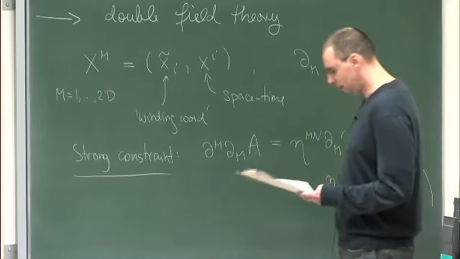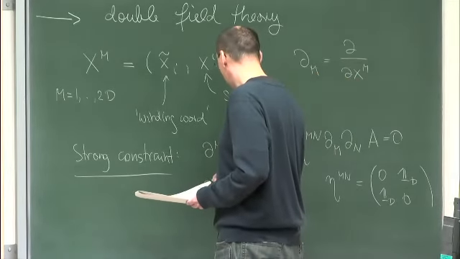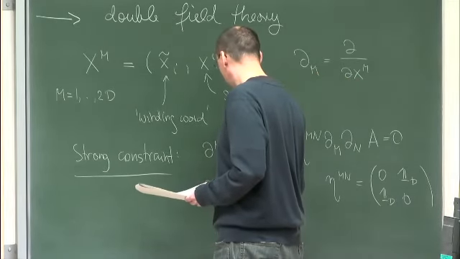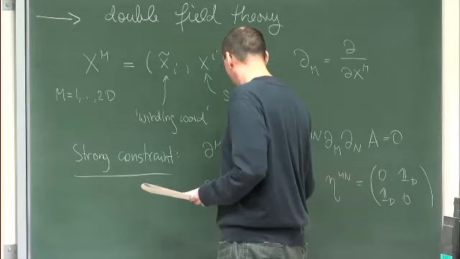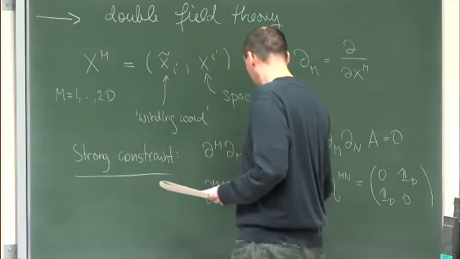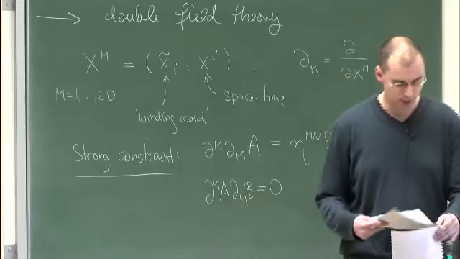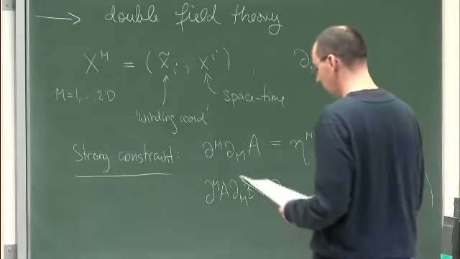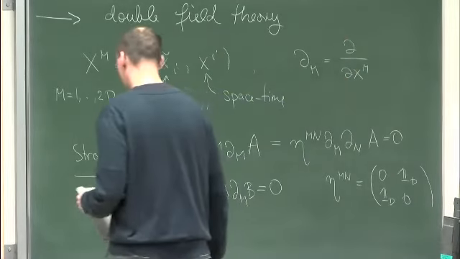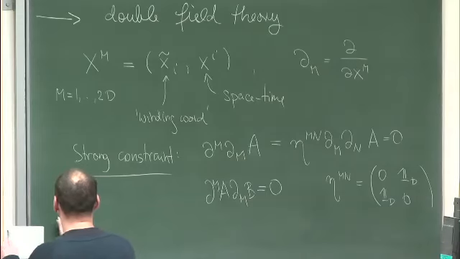And as well we impose that the following combination on products of fields or parameters is 0. And that constraint, you can prove, implies that everything depends only on half of the coordinates. So let me just write it also in components, because I will use that form in a second.